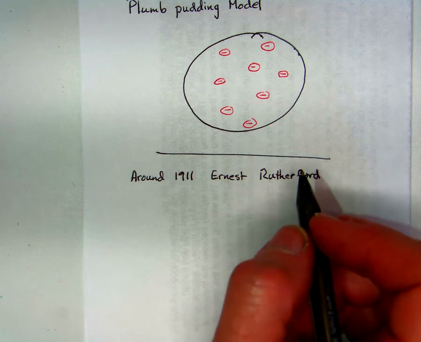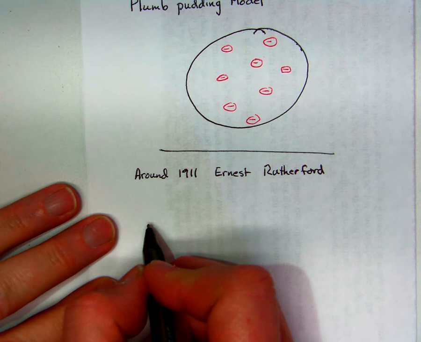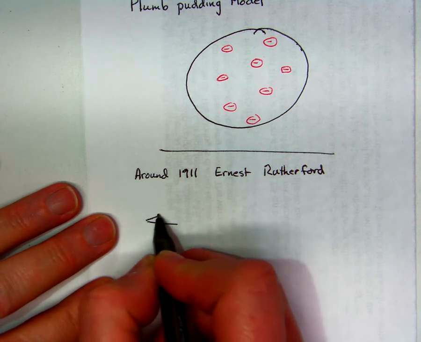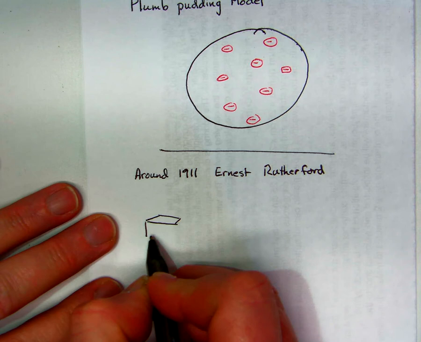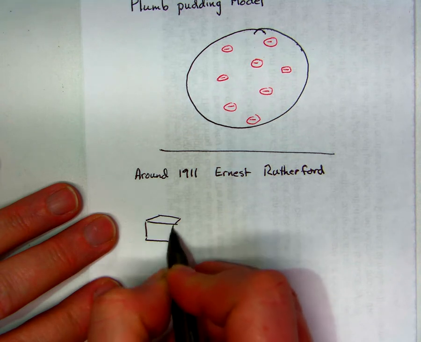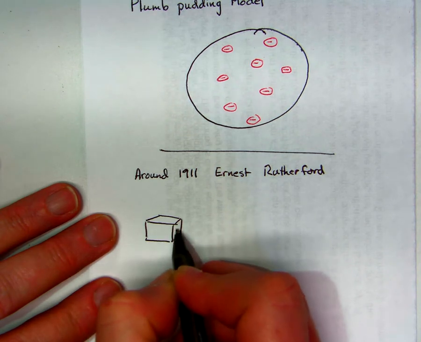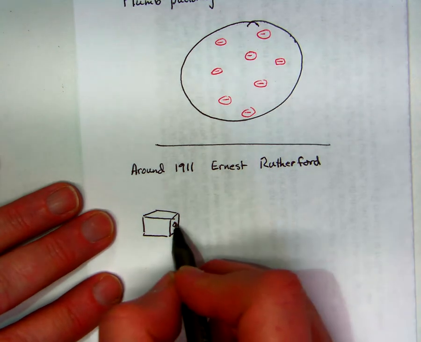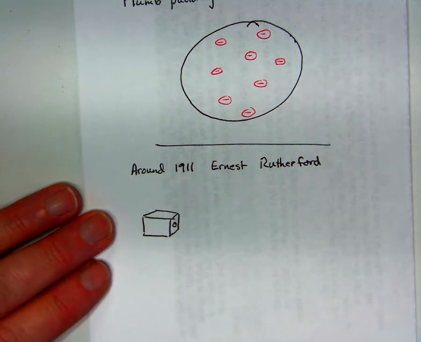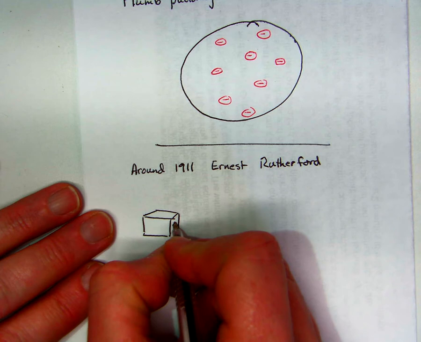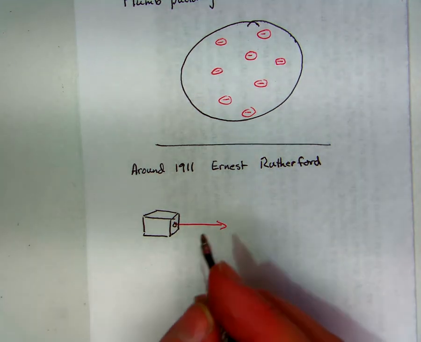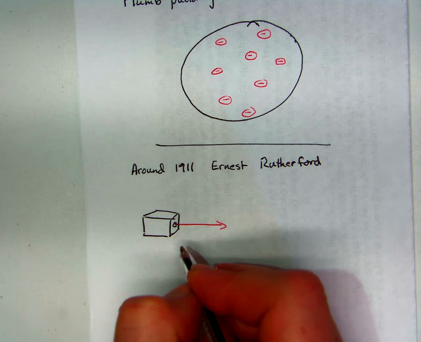And in his experiment, he had a radiation source, and this source basically spit out alpha particles.